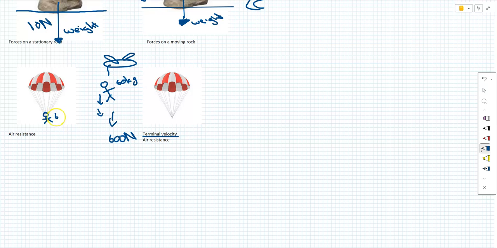He still weighs 60 kilograms, and the earth is still pulling on him with 600 newtons. But the air resistance in this parachute is higher than the 600 newtons, which means this then pushes him up.